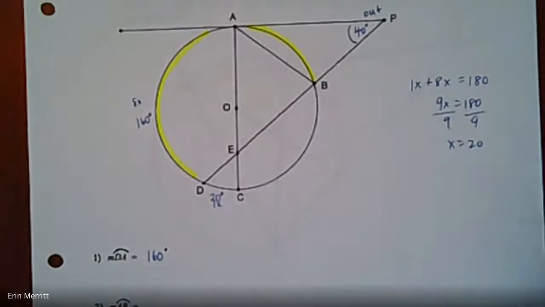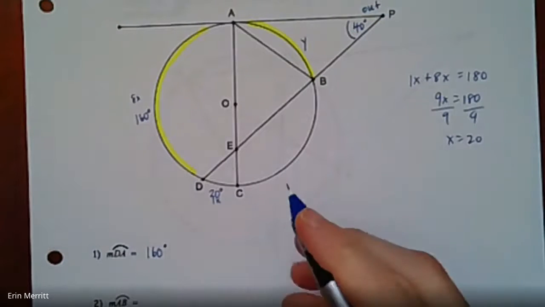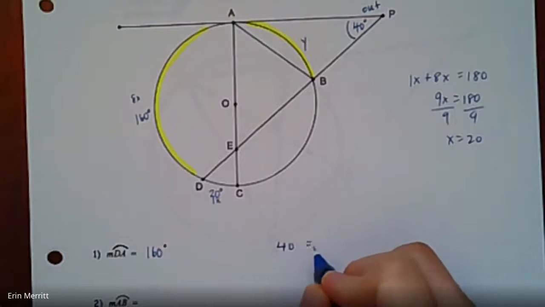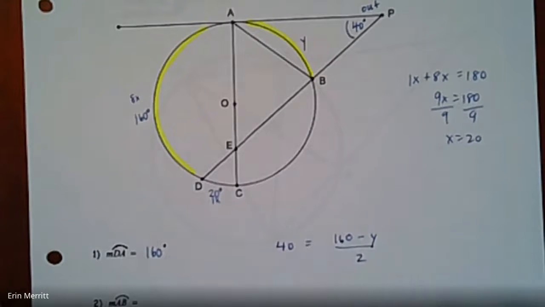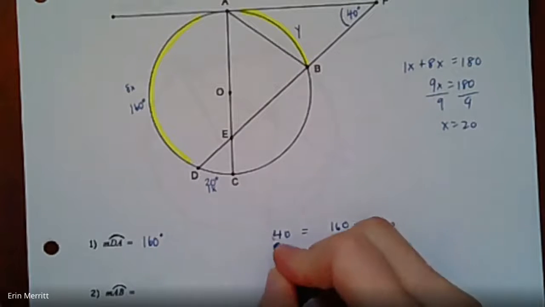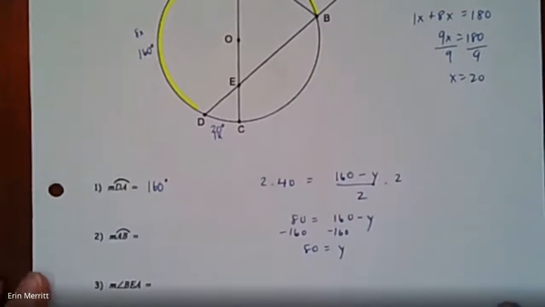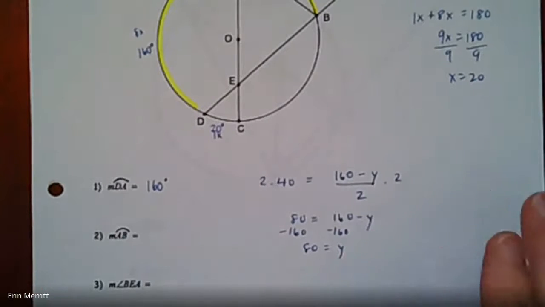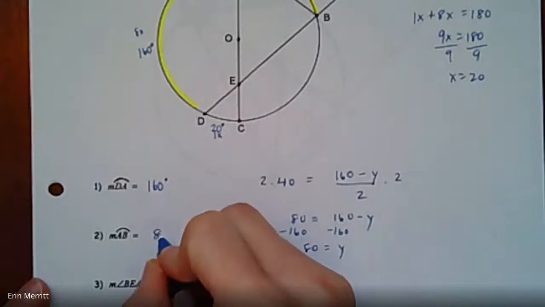So if we do the work here, I'm going to call this guy just Y. I know that that out angle of 40 is equal to the bigger arc minus the smaller arc divided by 2. So double both sides. This is going to give me 80 equals 160 minus Y. And then if we rearrange some things here, I'm ultimately going to end up with Y equals 80. At first, it gives me negative Y equals negative 80, but you guys get the deal. All right, so that's going to give me 80 degrees right there.